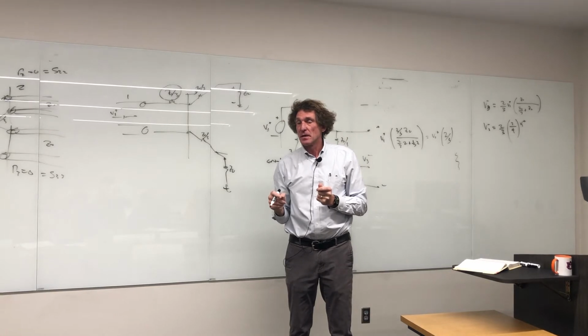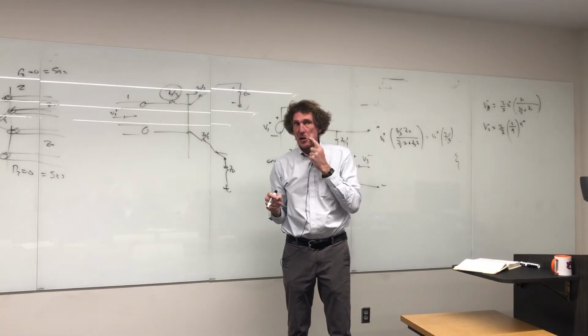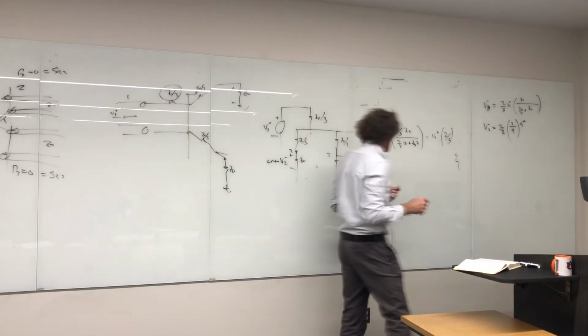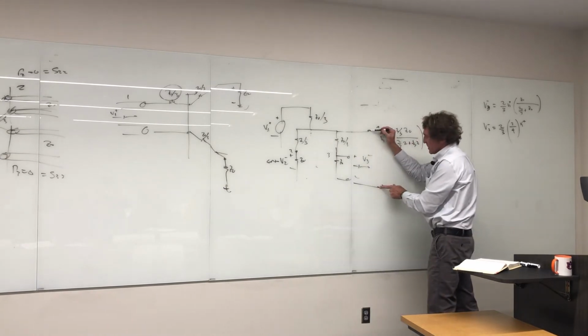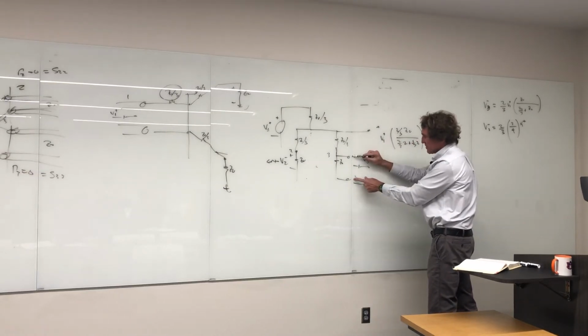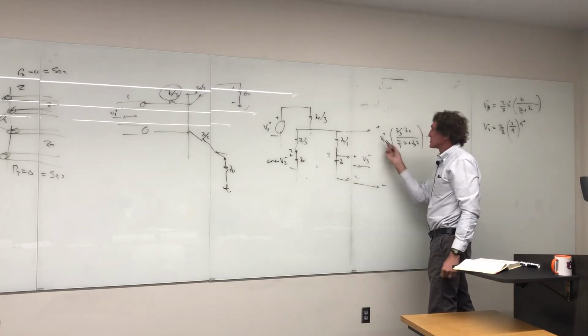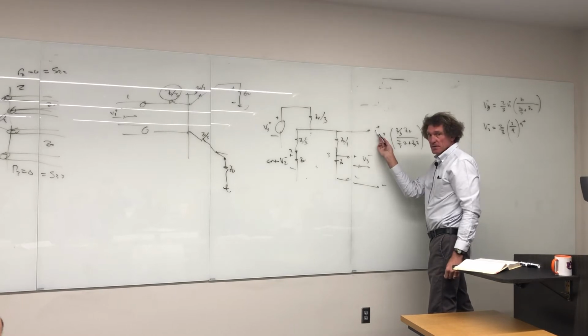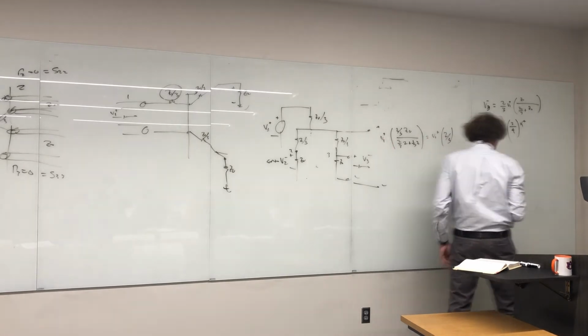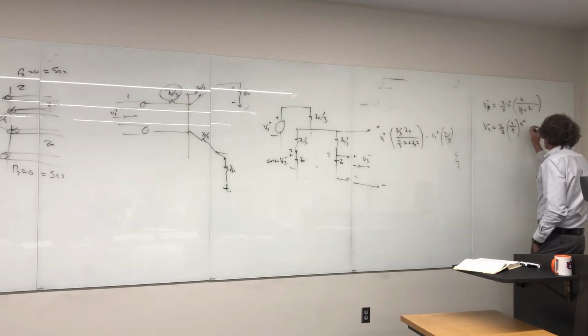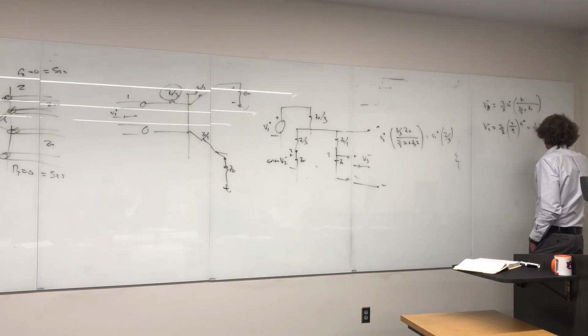Class, why did you get 2/3 Z0 for that voltage divider right there? Well, I need the voltage here, and it's going to be Z0 divided by Z0 plus Z0 over 3 times that voltage, and the voltage is already down by 2/3. That's the reason. Which means ultimately that this voltage is simply 1/2 V1 plus.